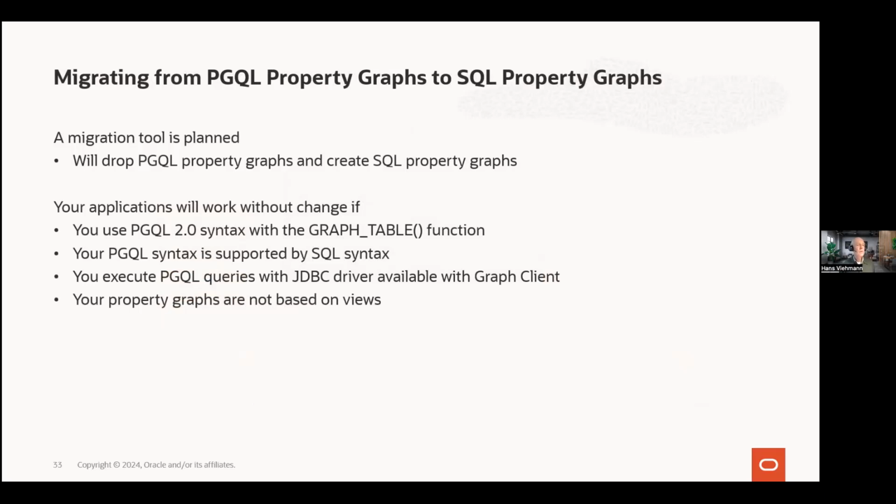And then make sure that you are only using language constructs that the SQL engine also understands, and that you're using the JDBC driver that we're providing as part of the graph client, and that you're not using views. Then you can actually carry over everything you've done on a 19C environment or a 12.2 environment to the 23C database. Okay, I hope that makes sense. And I guess we have to hurry up a little bit. We do.